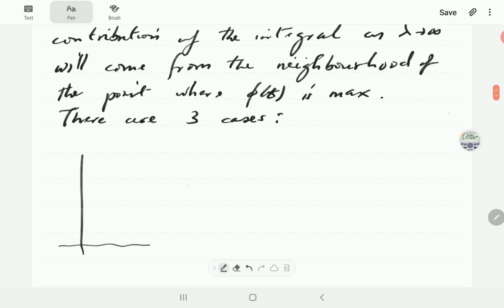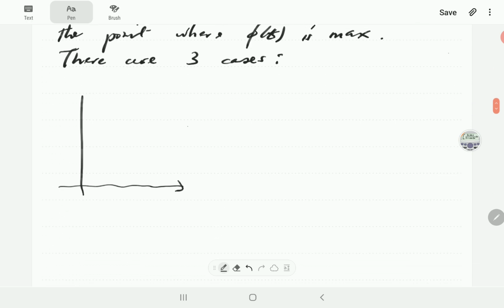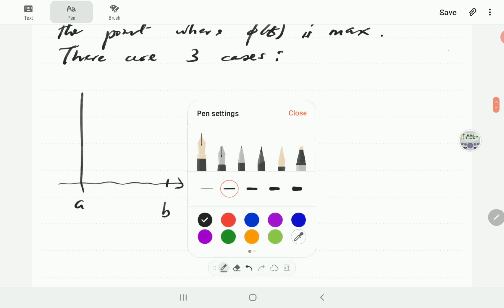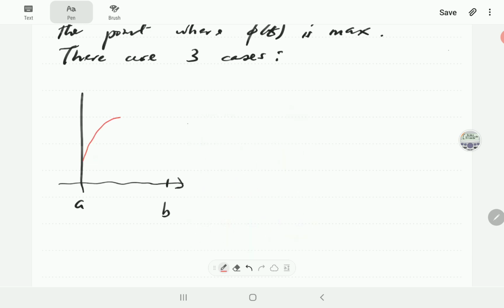So in the first instance, phi could have, so this is point A, this is point B, a maximum point at t naught, where t naught is between A and B.